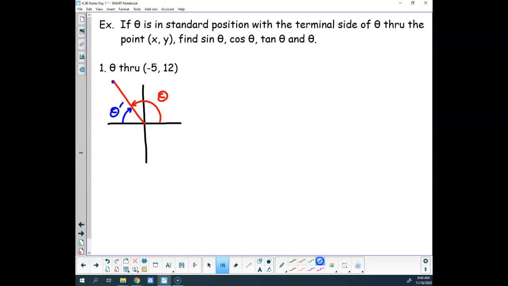If I break out that triangle, this side is 5, this side is 12.